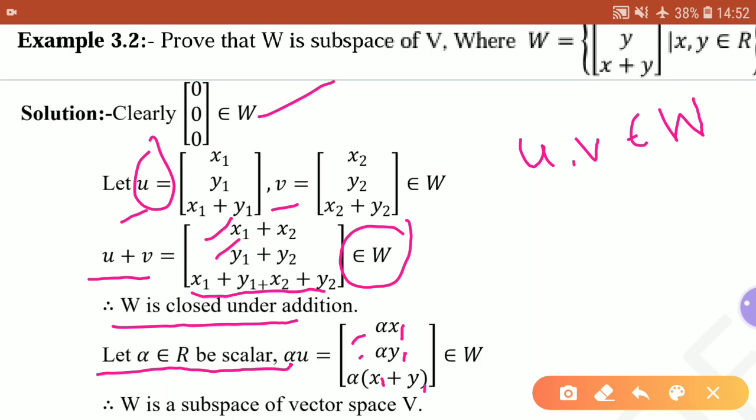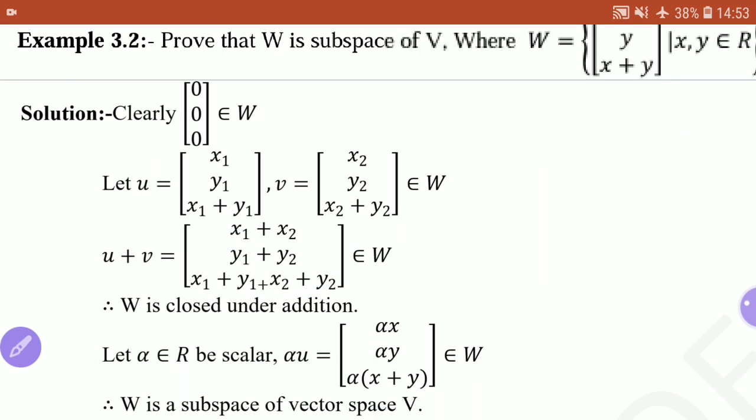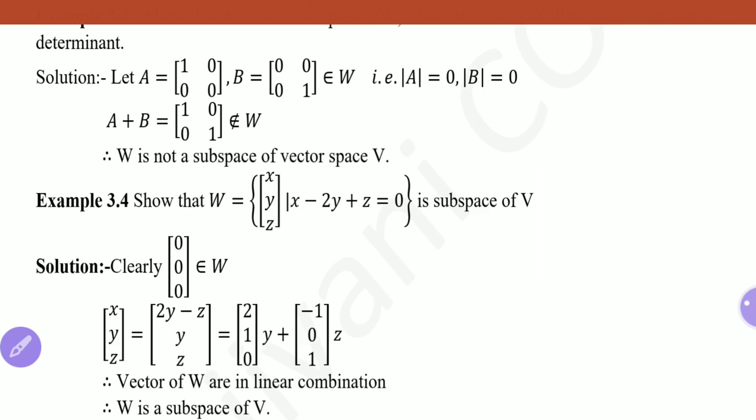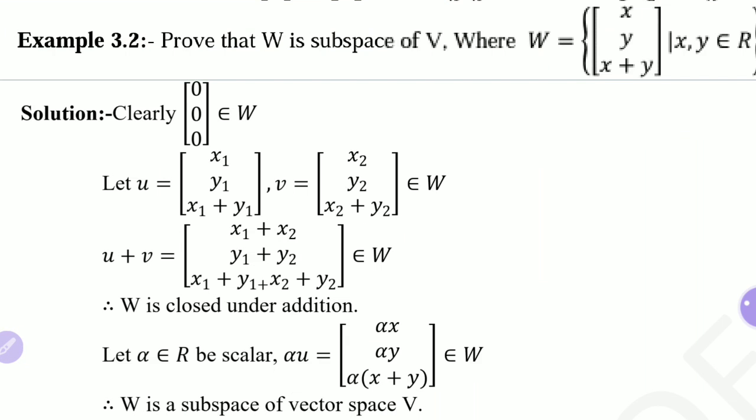The addition of the first and second element is the third element, hence it belongs to W. So the set is closed under addition as well as scalar multiplication, hence we can claim that W is a subspace of the vector space as it satisfies both conditions of the definition. In that way you can prove whether the given set is a subspace or not. So this we have proved.